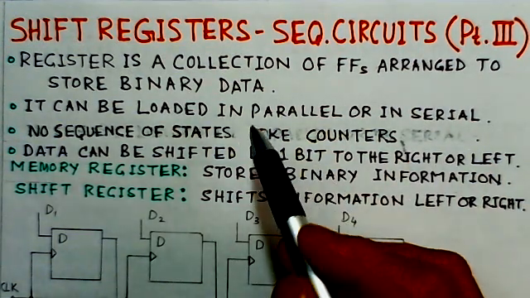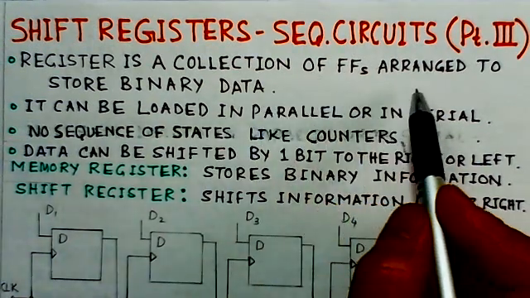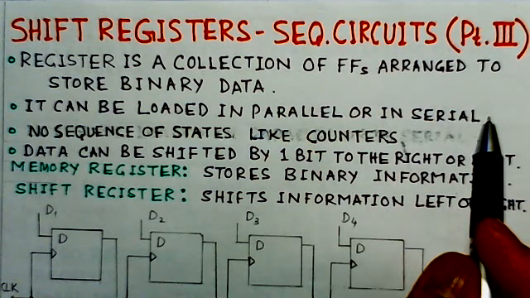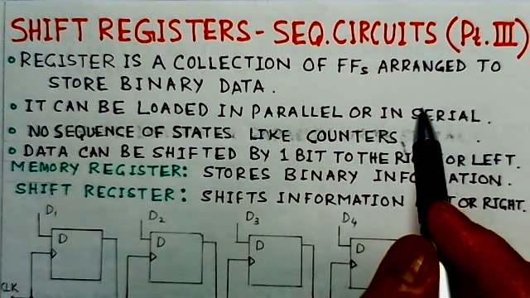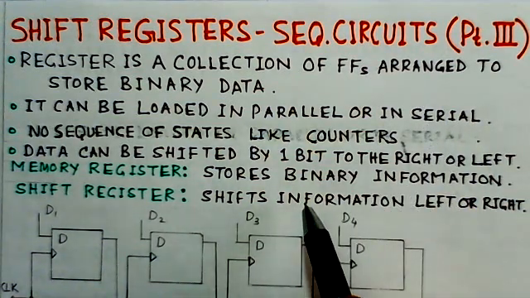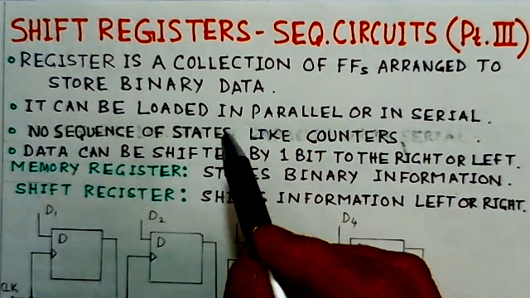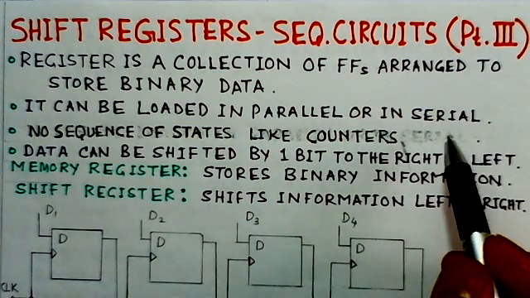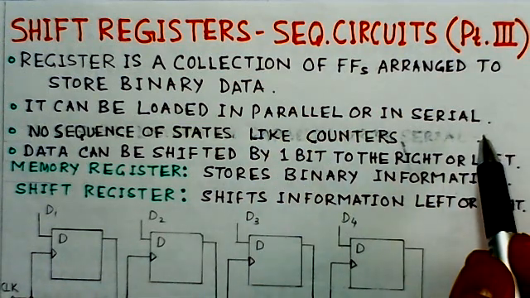What is a register? We want to know. A register is a collection of flip-flops arranged to store binary data or binary information. This binary information can be loaded in parallel or in serial.